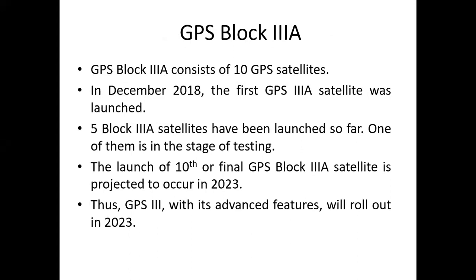Okay, and in the previous slide I was mistaken, one of them is in the stage of testing. So 4 of them are operational, and there are 10 satellites in Block 3A. So the launching of Block 3A should complete in 2023.